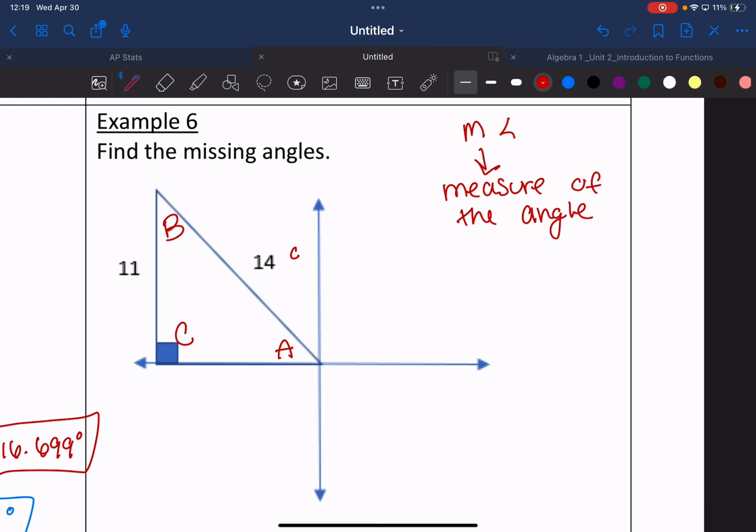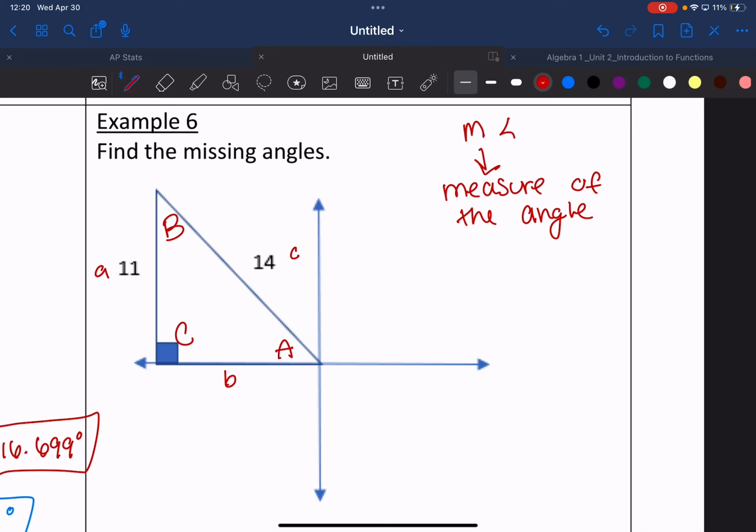Which means the opposite of this angle B would be labeled what? The lowercase b. And the opposite of this angle A would be labeled lowercase a. You're going to need that for the last two questions on your practice. So just a heads up, that is how you label all the sides, and that's what that symbol stands for, the measure of the angle.